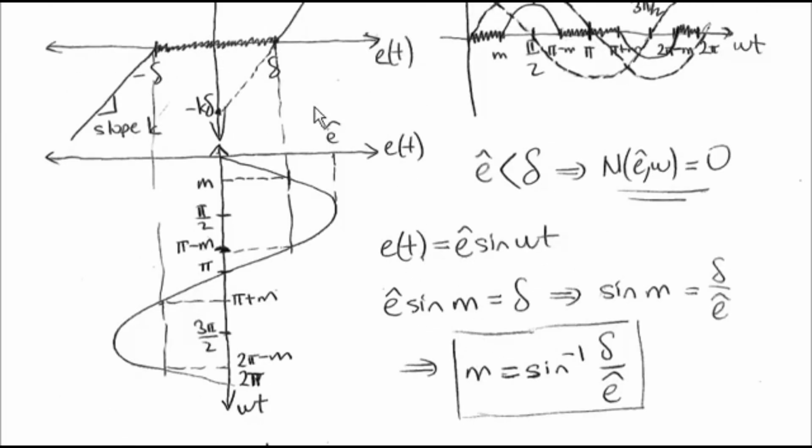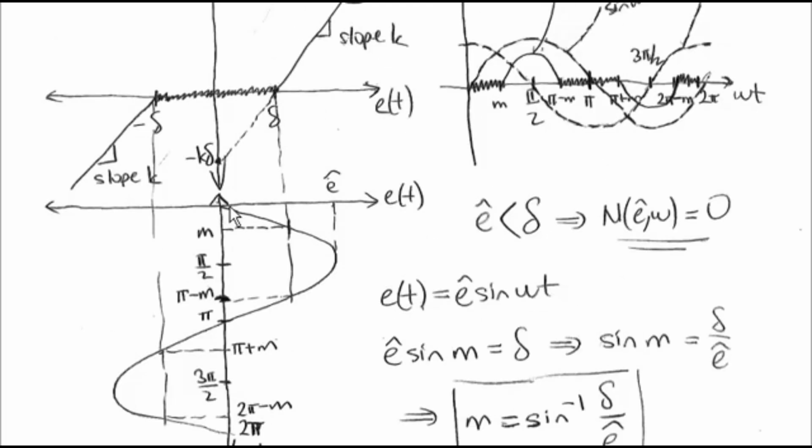Now I can mark some other points. When E hat sine omega t changes here, it is going to come back and get back into the dead zone at this value. Due to the symmetry of the sine function, the angle at that crossing would be pi minus m.